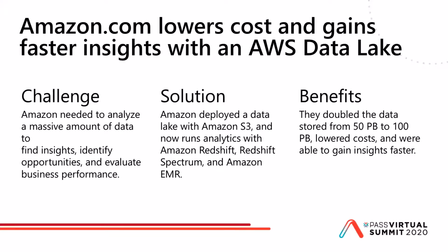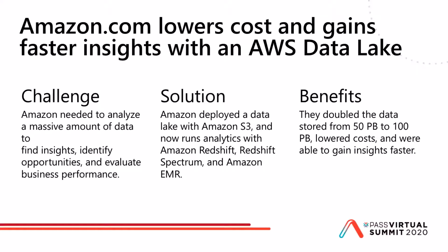So the solution that was deployed was a data lake on Amazon S3 that runs analytics with the different analytical services on AWS. For example, Amazon Redshift for the data warehouse, the Redshift Spectrum feature of Amazon Redshift, EMR, and other analytical processing engines.